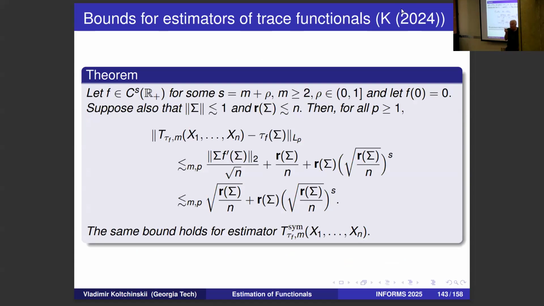In the case of some standard normal model, it will be square root of d over n, say, okay? And then here we will have r of sigma multiplied by this. So before we had 1 over square root of n, and we had only this term in Hölder-smooth case. Now the second term is multiplied by r of sigma, the first term by square root of r of sigma, okay?